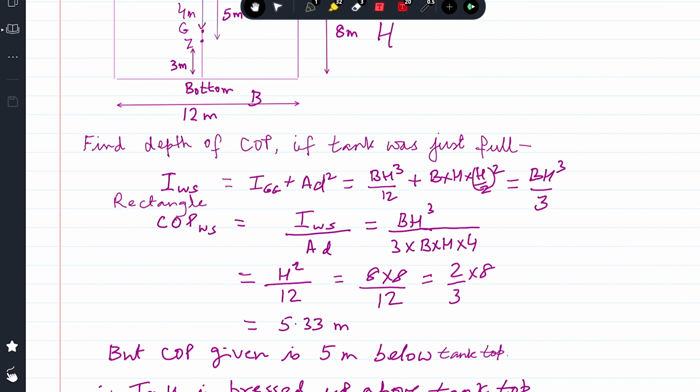Another one will be on vertical ordinates, and there's one more where we have a composite surface, meaning the bulkhead consists of a triangle and a rectangle. That also I have from past MMD papers. After this, there will be another 2-3 videos only on the center of pressure, because there are several varieties of questions on center of pressure. So I thought of uploading one video of each variety.